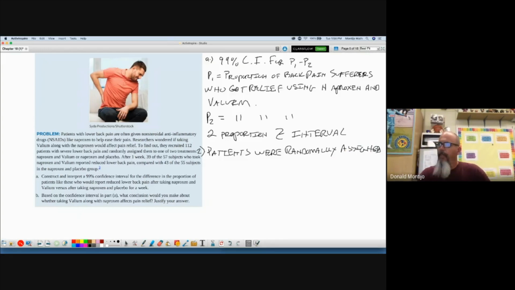Okay. So, yep, the data comes from an SRS. It is random. Now, is this distribution normal?